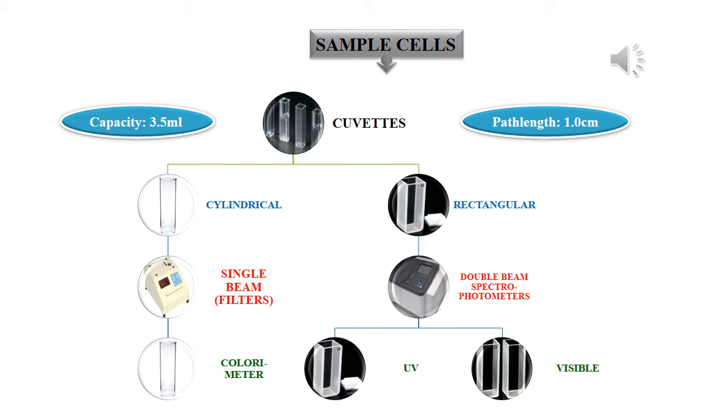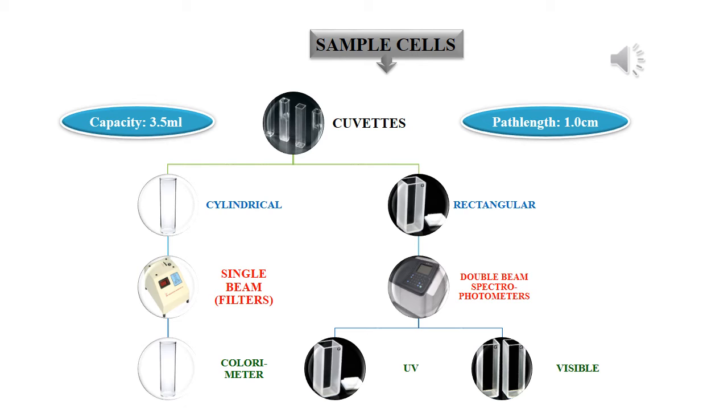And rectangular shaped cuvettes you can find in double beam spectrophotometers, where the UV visible spectrophotometer uses rectangular shaped cuvettes. For the calorimeter, cylindrical; for UV visible, rectangular. Single beam, cylindrical; double beam, rectangular cuvettes.